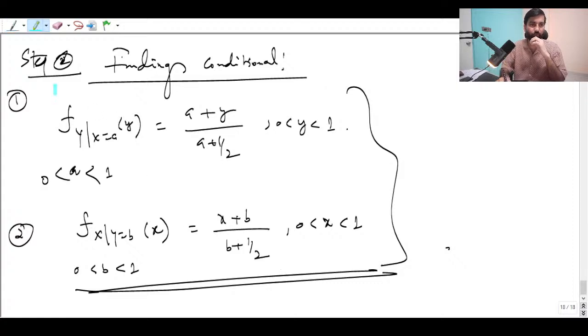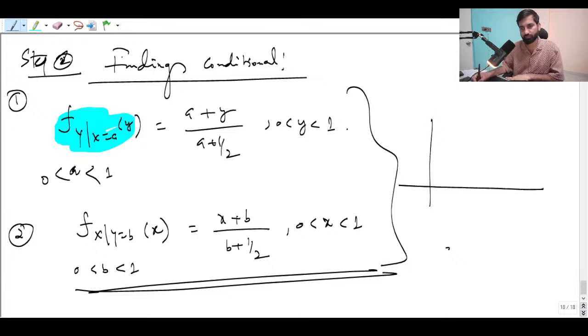Suppose you want to plot it, you can plot it like this. Here y is taking the value between 0 to 1, right? This is f of y given x equal to a.